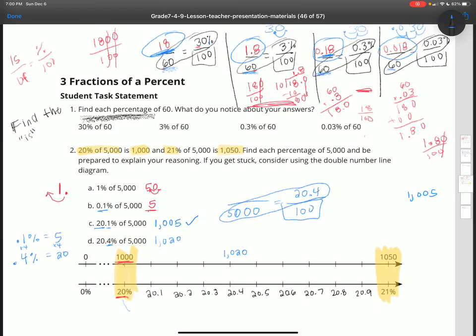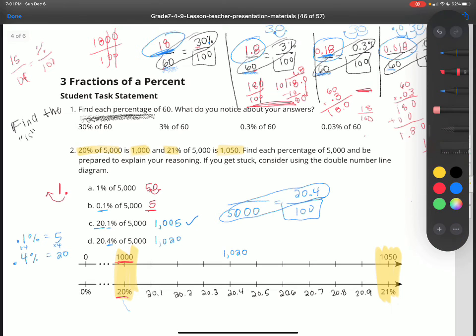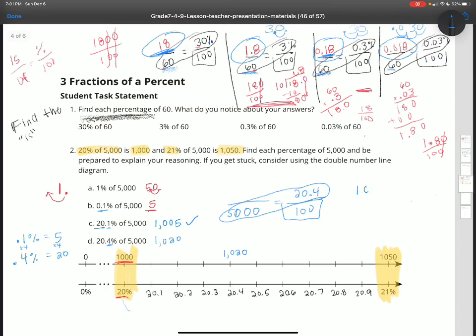So 5,000 times 20.4, which would equal, and let me erase this, 102,000 divided by 100. If I scratch out the zeros, what's left over is 1,020. So therefore, our answer is correct.